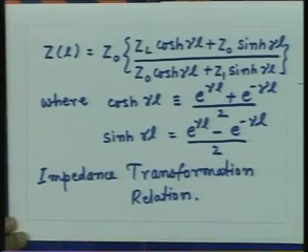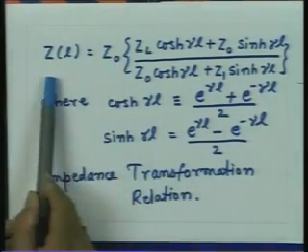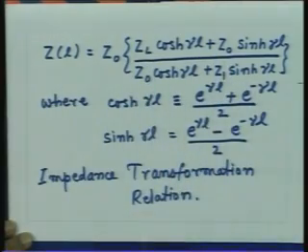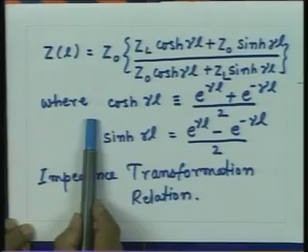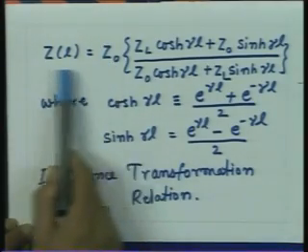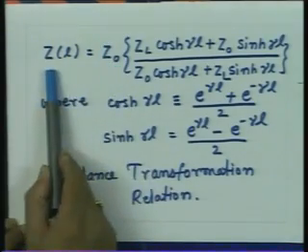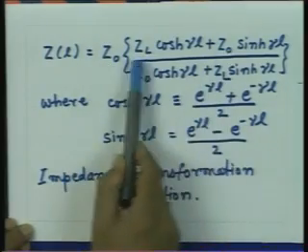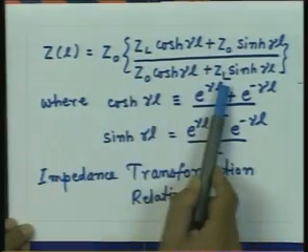One can also note an important thing here, that I can take this Z naught common from the denominator and numerator, and then every quantity which I have here is now normalized with respect to Z naught. This quantity is ZL divided by Z naught, this is ZL divided by Z naught, this is ZL divided by Z naught.